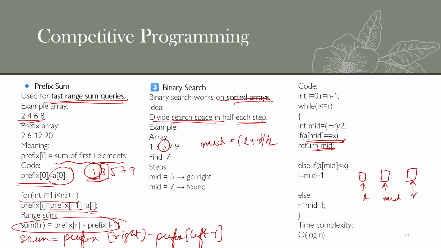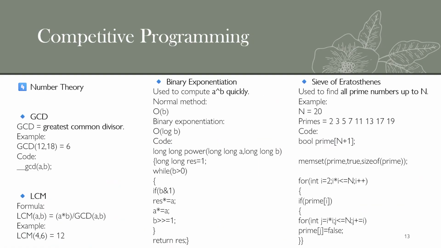If it is less than your target, that means it will lie in this range. Therefore, your starting index will become mid plus 1. If it is greater, it will lie in the other range. L remains the same, but R now becomes mid minus 1. So this is what is implemented here with log n time complexity.